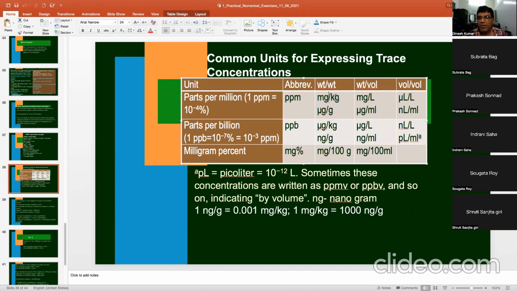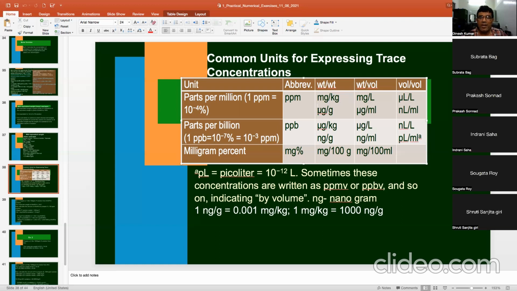But these days, you can write it as microgram per gram. If your substance is in very small concentration, then instead of milligram per kg, you can go for microgram per gram. Suppose a substance was there, say 10 milligram per kg, then it will be 10 microgram per gram.